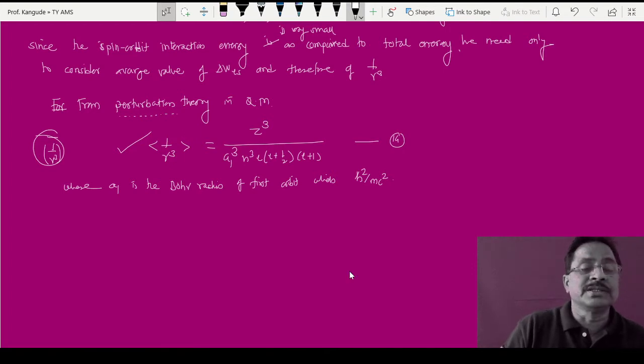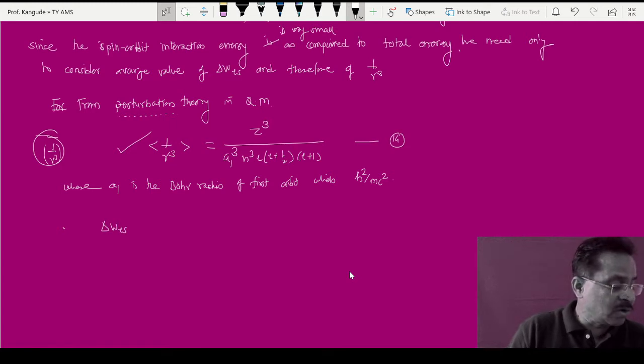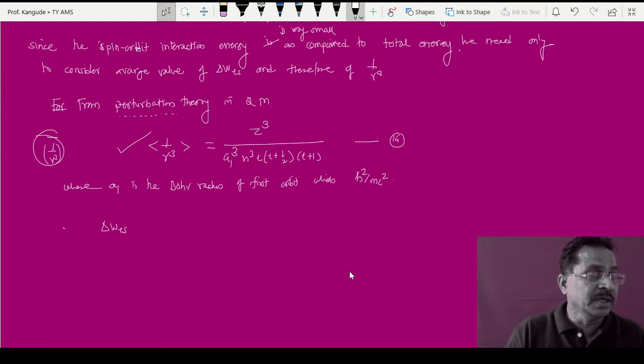We get this delta WLS. This is called delta WLS. It is the average interaction energy.